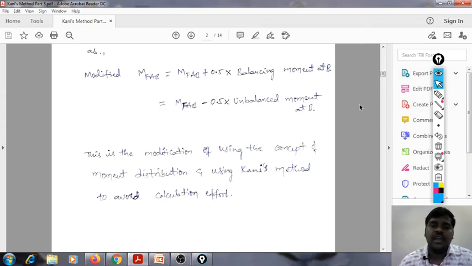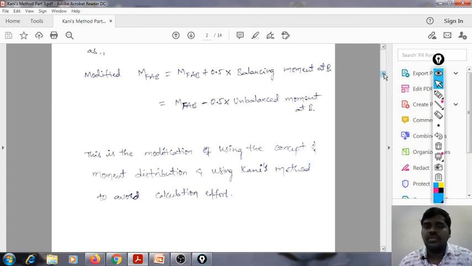Unlike in a fixed end, this is somewhat different. Only the modified moment at the fixed end is considered here. So this is the last statement we have. This is the modification using the concept of moment distribution and using Kani's method to avoid calculation effort.